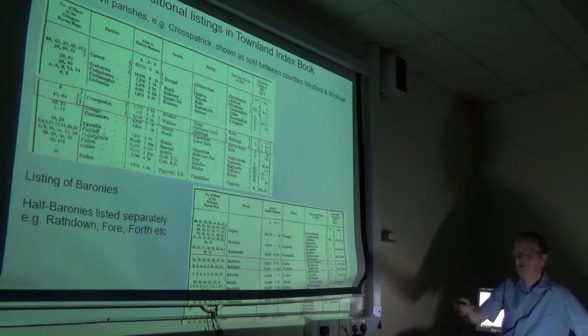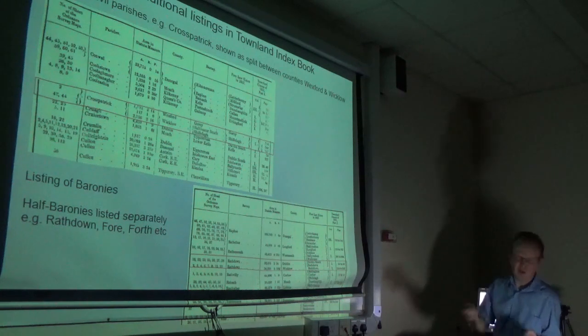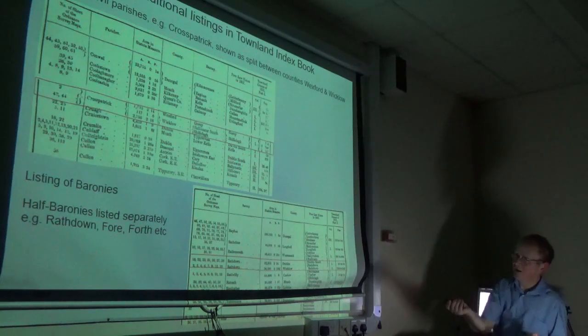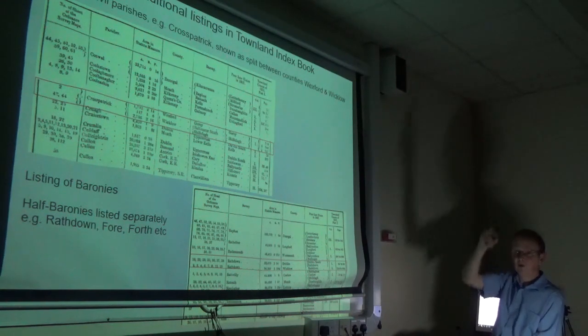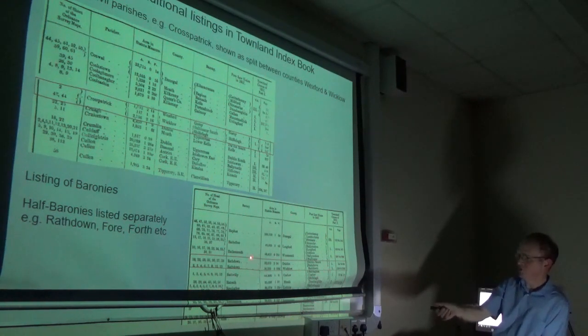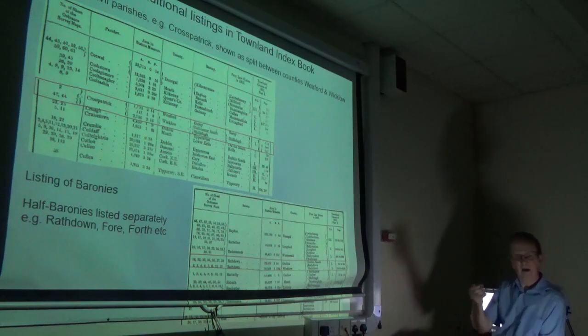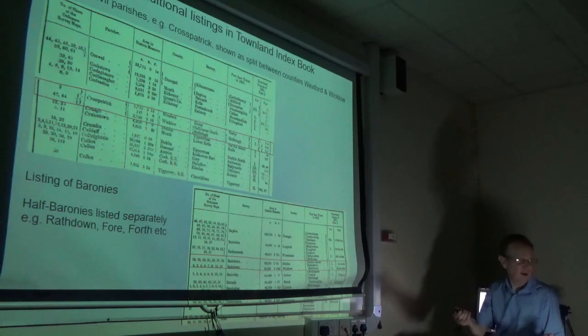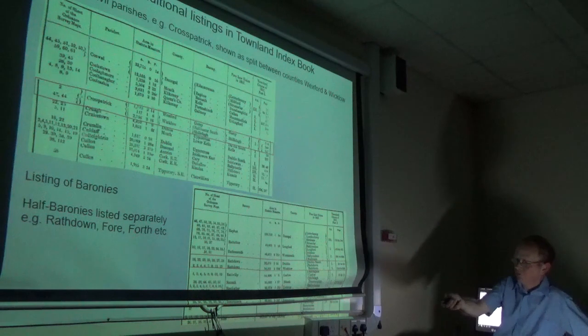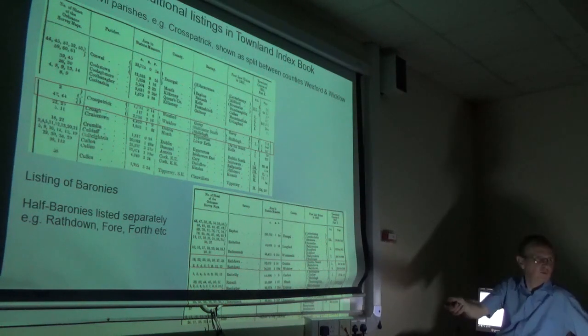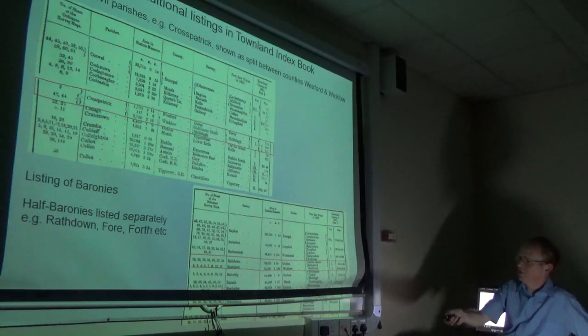There are a couple of baronies that are split between counties, but they're listed separately for some reason. So Rathdown, which is Dublin down into North Wicklow, is listed twice. They're sometimes referred to as half baronies. There's a couple of others like that, Forth and Bargy. I think Fore is Westmeath. Yes.